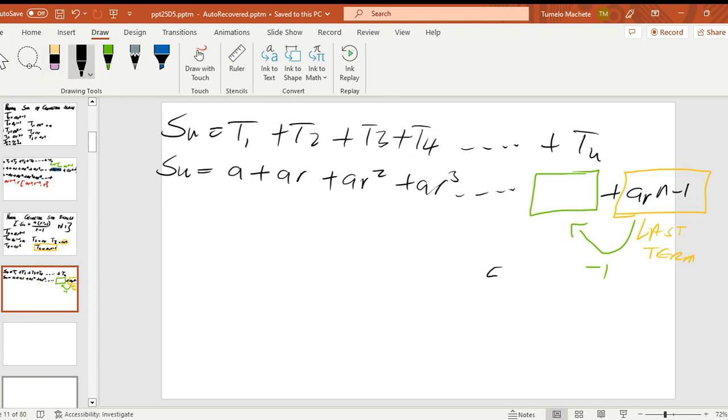Say Ar^(n-1-1). So I'm subtracting 1, see, to get the second last term. So Ar^(n-2) will be your second last term. So I'll put it there.